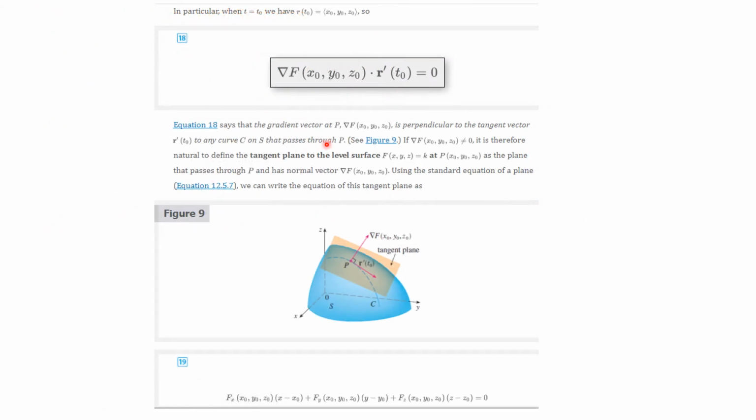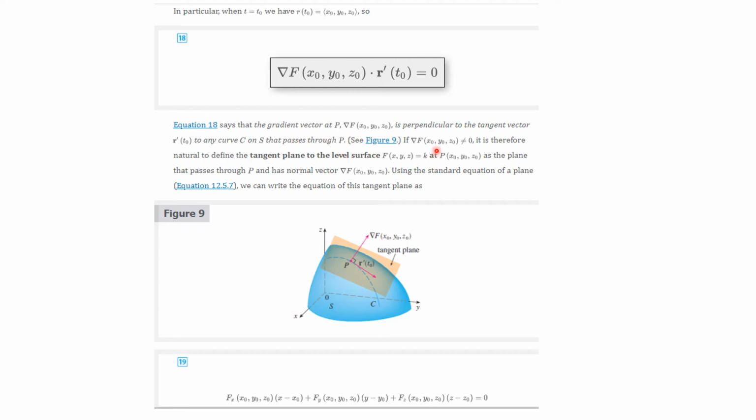So that means that the gradient vector at P is perpendicular to the tangent vector, which we know to be r prime at t0, to any curve that passes through P. That's basically proving the perpendicular thing that we observed before.